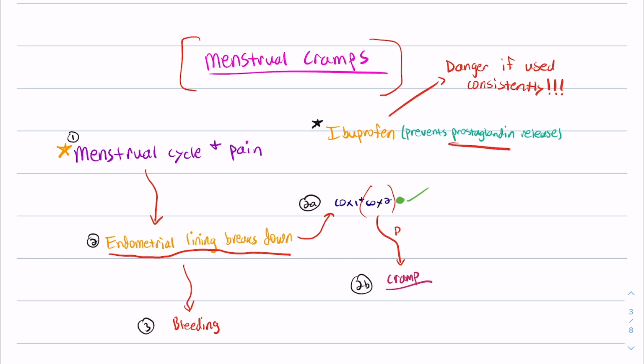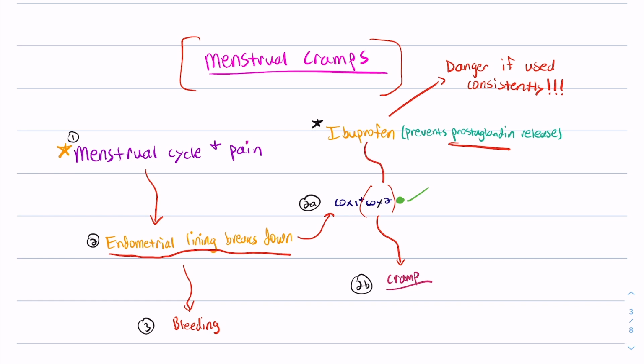I'm not going to talk all about that, but it mediates pain, which causes cramping. So that's why there's cramping. Once the lining breaks down, it signals these molecules to initiate pain, which is cramping. Now, if you don't want cramps, you're going to want to stop COX-2 from working in COX-1. So this is where NSAIDs come in.